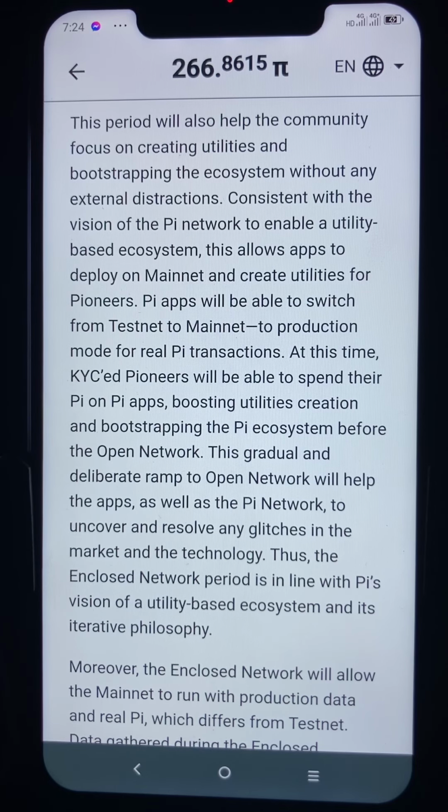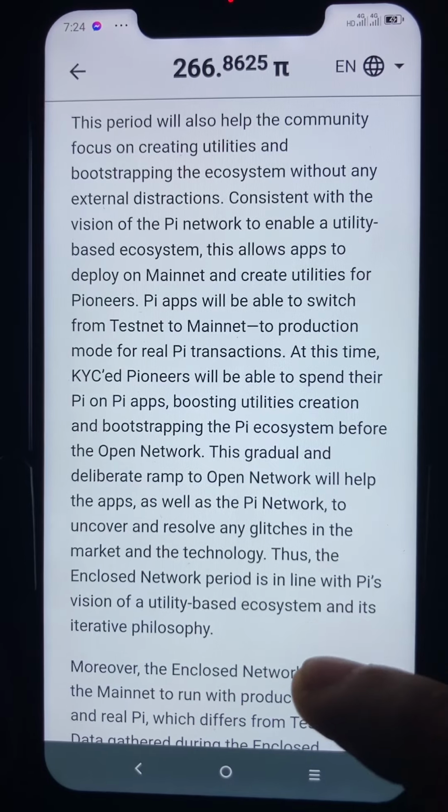So maganda to, hindi yung biglaan and then, ang daming mga bugs. So, we wouldn't want that to happen, right? So, I'm very, very happy dito sa ganitong setup kasi tama naman talaga, it makes sense. We really need to be a well-oiled machine na by open mainnet.